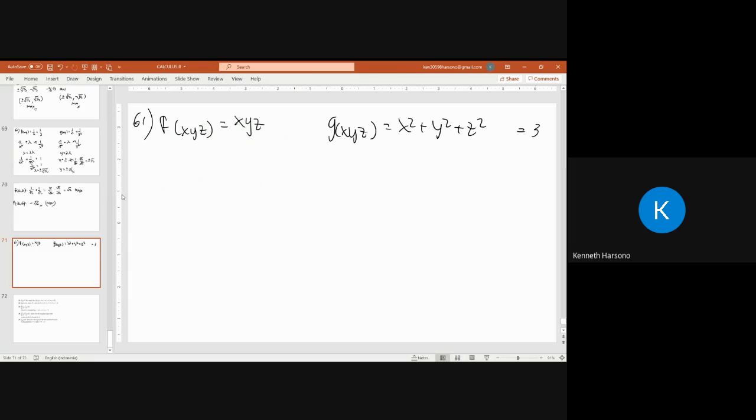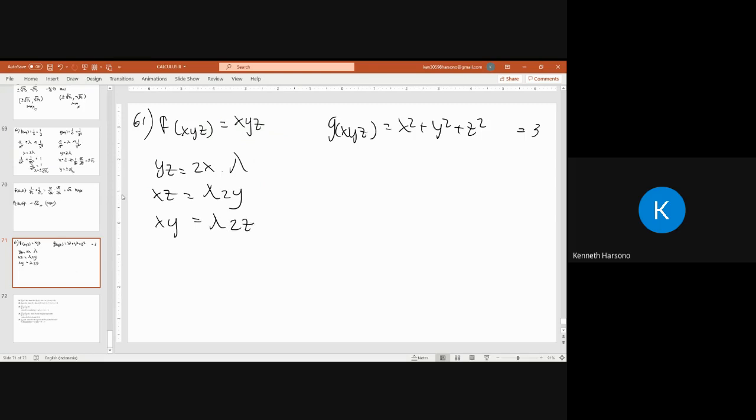Derive this one: yc is equal to 2x times lambda, xc is equal to lambda 2y, and xy is equal to lambda 2c.